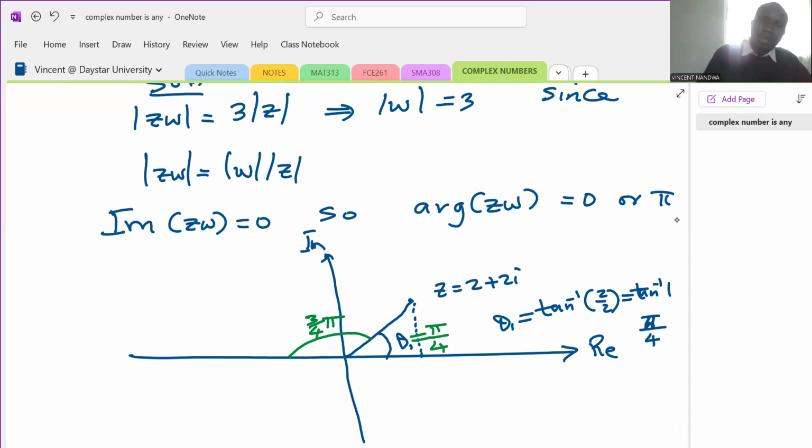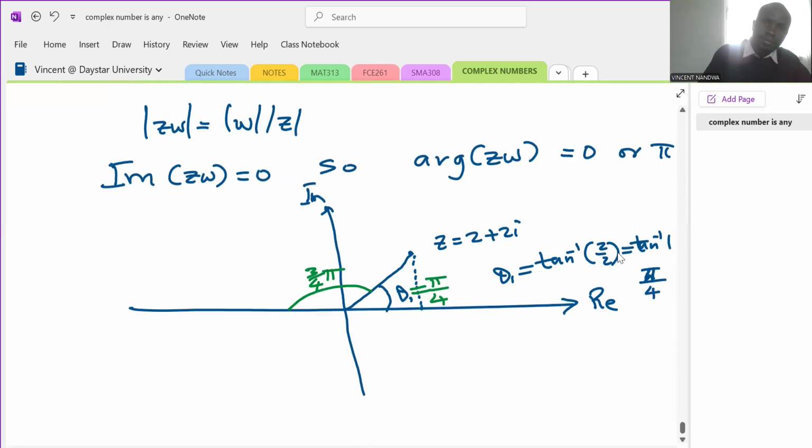So the product can either be this side or this side. So this is a possible value of ZW, because the product ZW has imaginary part 0. So it means that it's on the real axis.